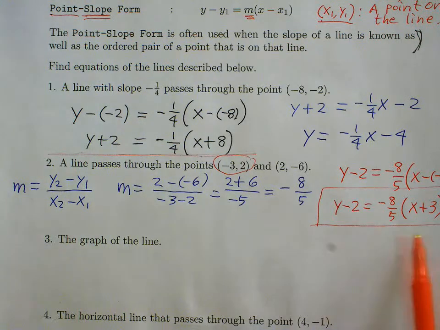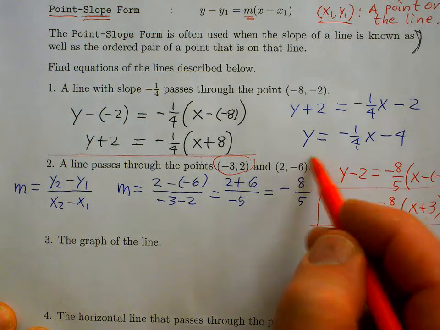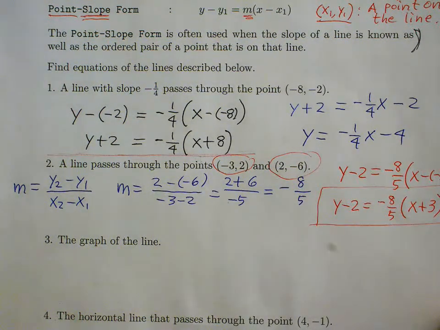They'll look different in the point-slope form because you're using two different points. But if they're on the same line, if you keep going and write it in slope-intercept form, they will be identical at that point. So that's something that you should do. So I'll leave that for you to do on your own.